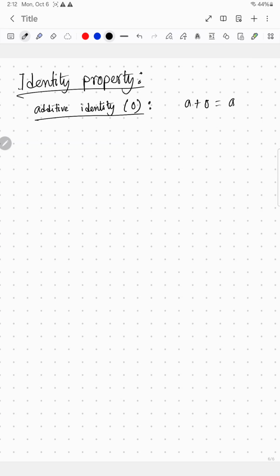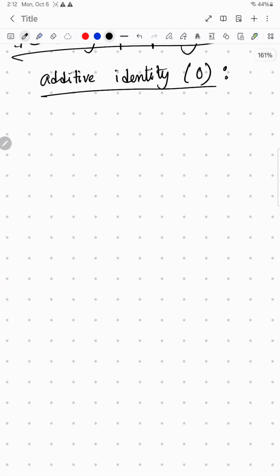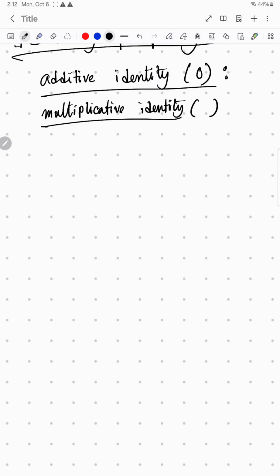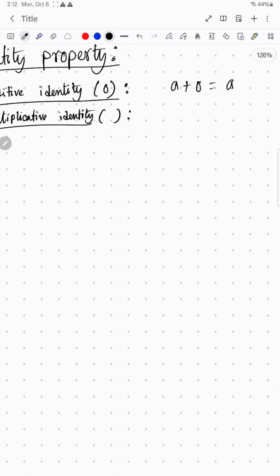Alright, so there is also a multiplicative identity. Now answer me this. What is that number when you multiply with any number a, and you get a?